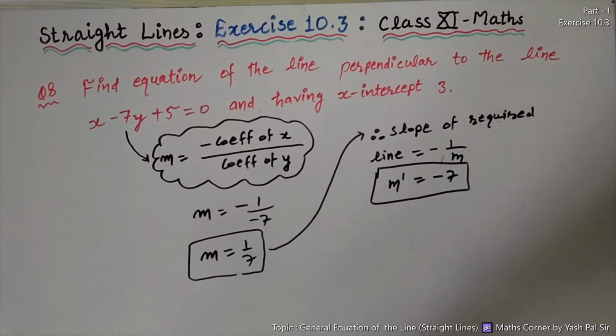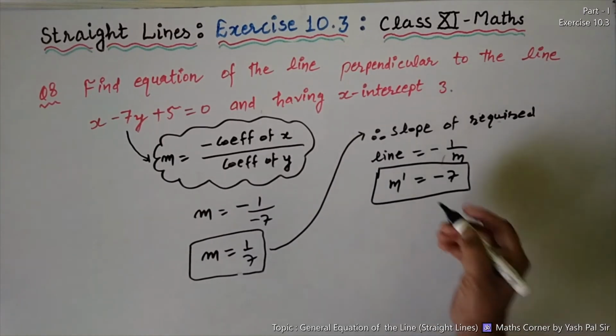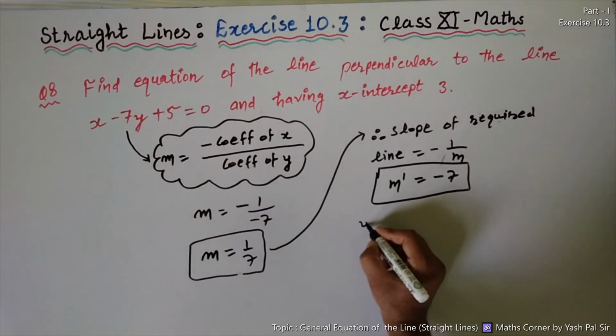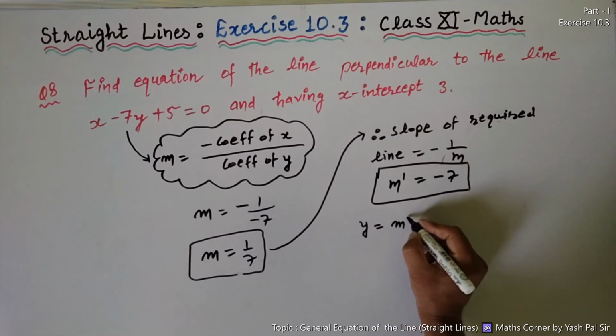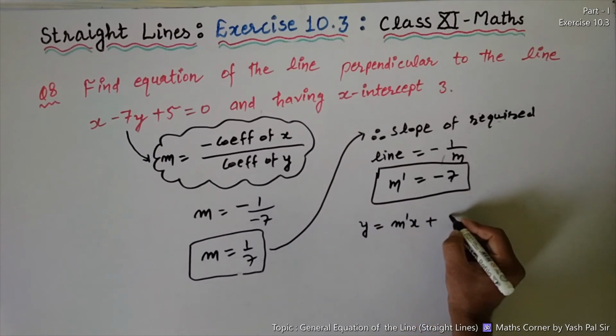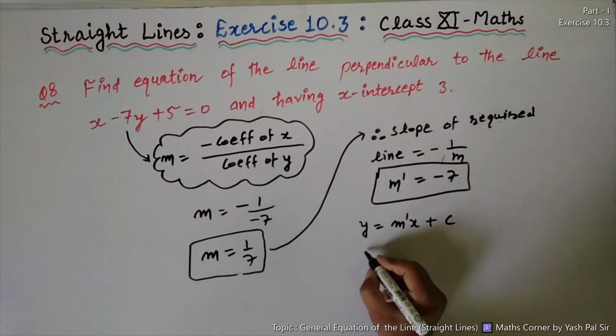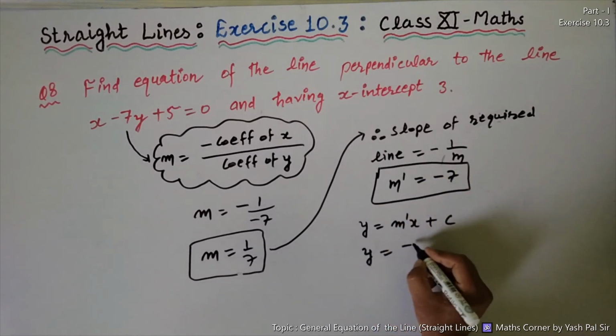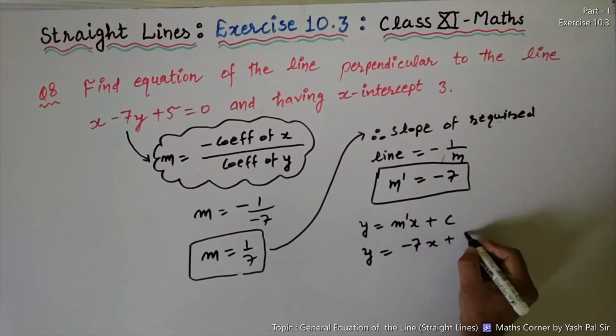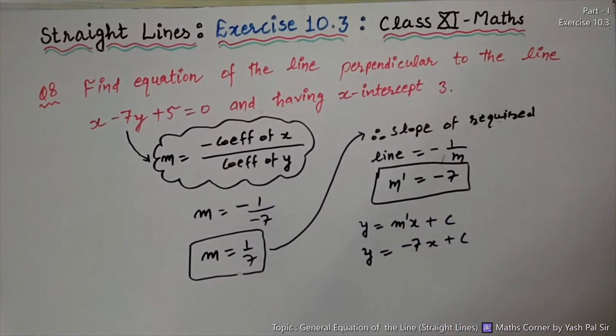Now what is the equation? In slope intercept form we can write y is equal to m dash x plus c. So here the slope m dash is minus 7, y is equal to minus 7x plus c.